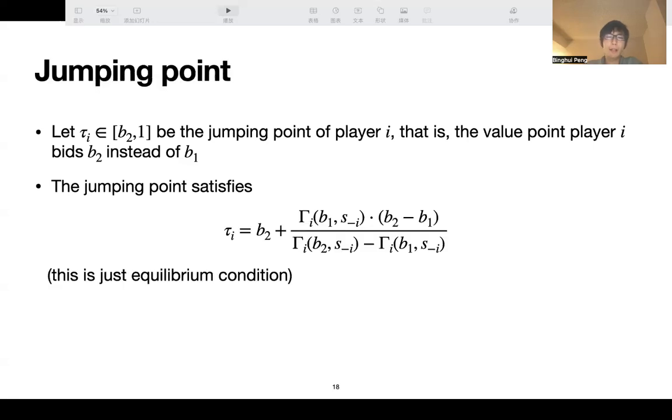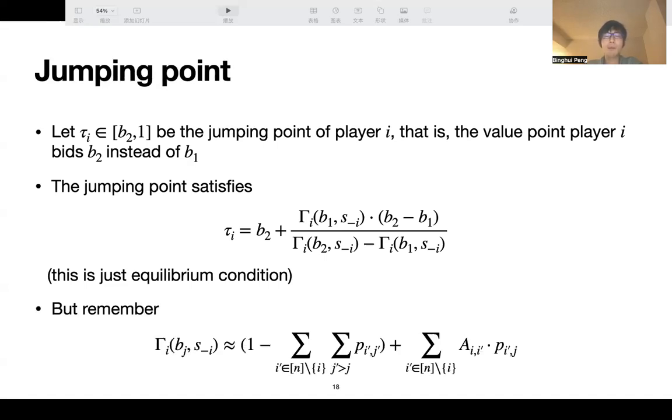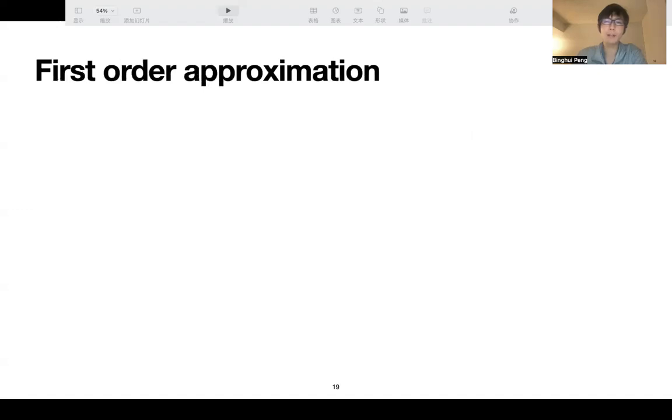Just by the equilibrium condition, we can write down the jumping point, which needs to satisfy the following expression. But remember, even after removing those higher order terms in the computation of allocation, the allocation function is still a very complicated linear form. If you really plug it into the equation for the jumping point, it could be very crazy. So our final idea is to perform a first order approximation.